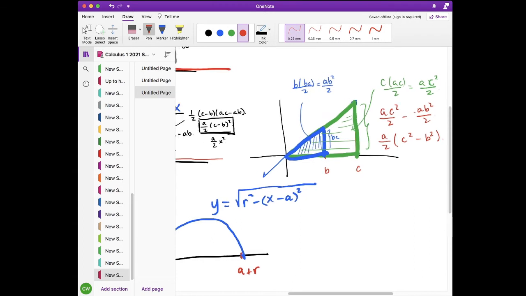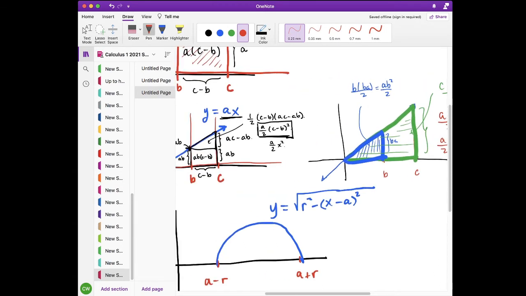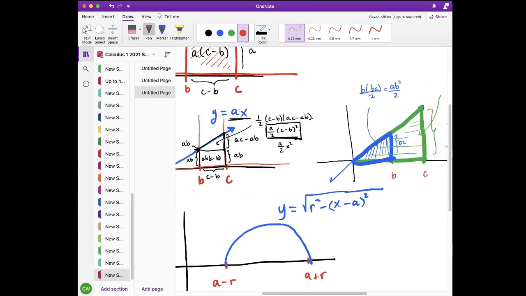Let's see. That's not what we get though, right? Oh, we didn't add the 2. Oops, we forgot to add. So if you add it to A, B, C minus B, then that would be the answer.